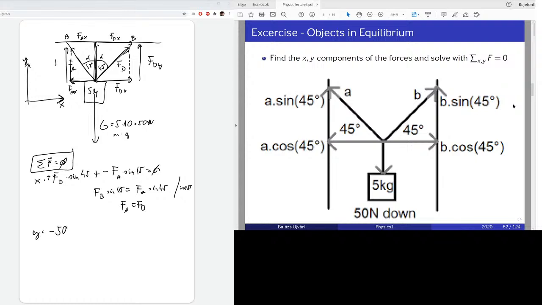These are positive, so this is plus FA times cosinus 45 plus FB times cosinus 45. That has to be 0. But since we know FA equals FB, you can replace this FB with FA, means we have 2FA times cosinus 45 equals 50.